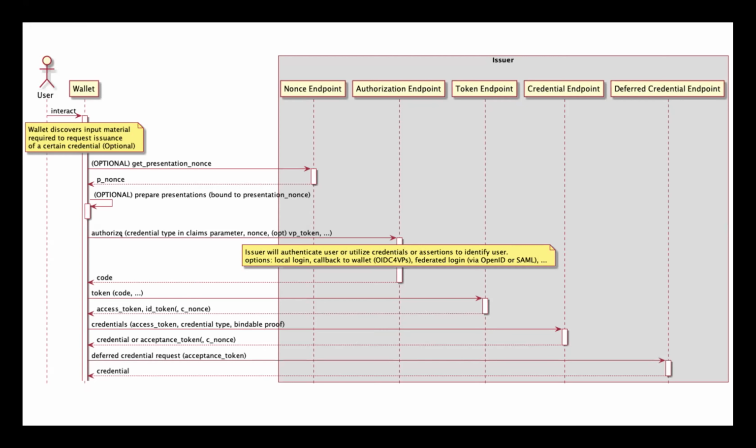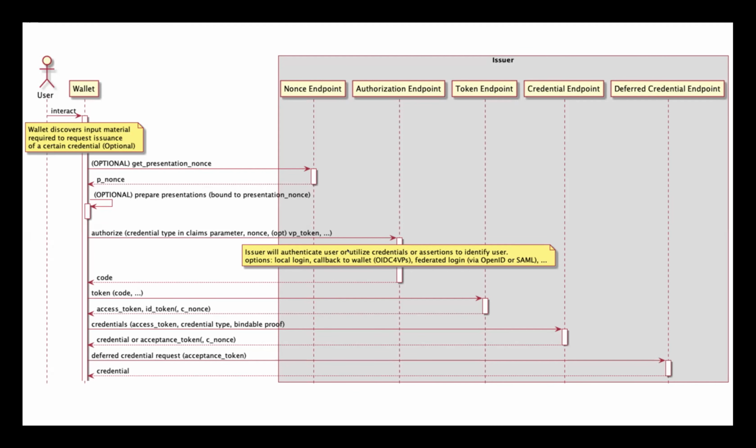And the rest is a standard OpenID Connect authentication request, where we use the claims parameter to designate which credential types the wallet would like to be created. The core of the authorization process is at the discretion of the OpenID Connect OP.